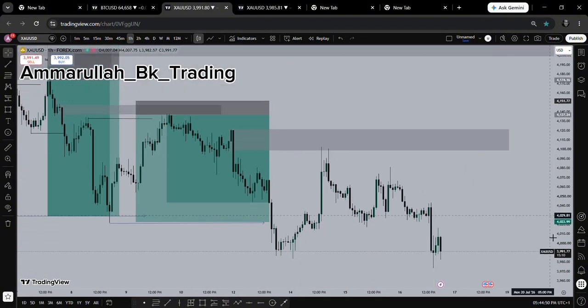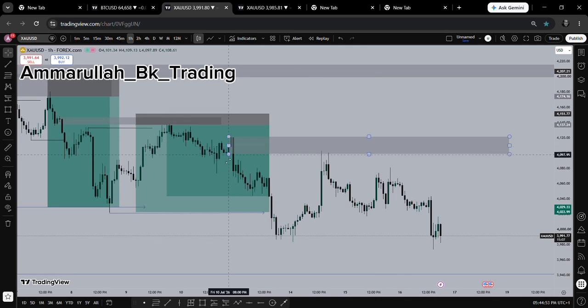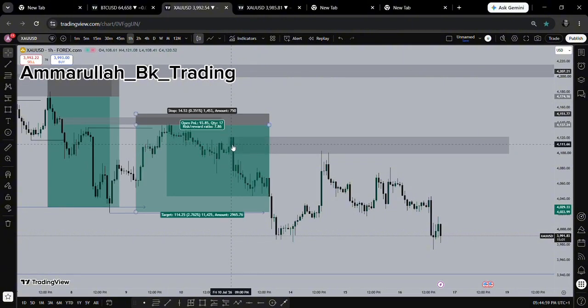If you go to any time frame ahead of this, you see a single candle, like the 2 hour time frame. If I go to the 2 hour time frame, this and this will be a single candle. So that is the reason why I consider them as the next order block.